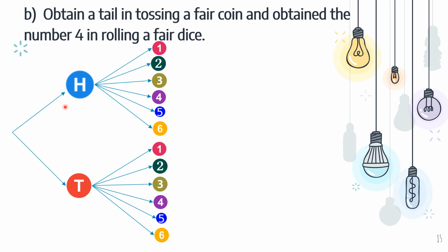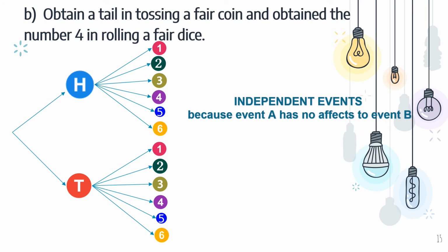The possible outcomes for the coin are 2 and the possible outcomes for the fair dice are 6. So this is an independent event because event A has no effect on event B.